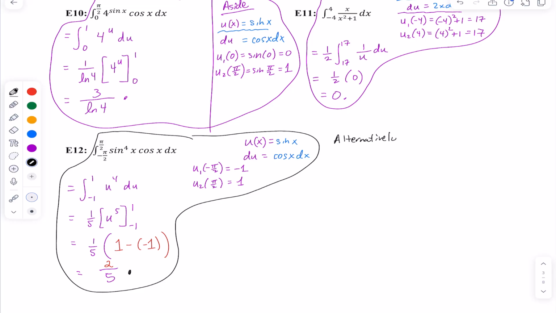The reason why we could do this is because the domain values in the original definite integral are symmetric. In other words, you could see the domain as left pi over 2 units from the origin, and then right pi over 2 units from the origin. Alternatively, we are going to define a function here.